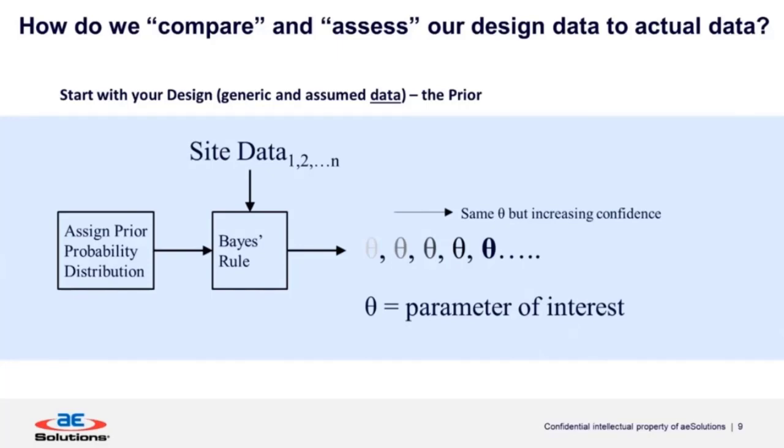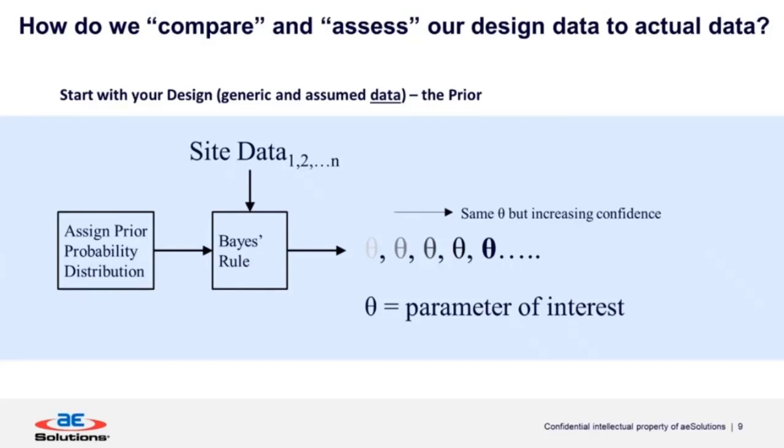And the idea is, as we run these Bayesian updates over time, as we're collecting data, we're going to develop, hopefully, an increase in confidence in the parameter. So we're not actually changing the parameter. We're not changing the number. We're building confidence. We're reducing uncertainty of the parameter. So that's the concept here. That's just kind of the big reveal to show you where we are going with this.